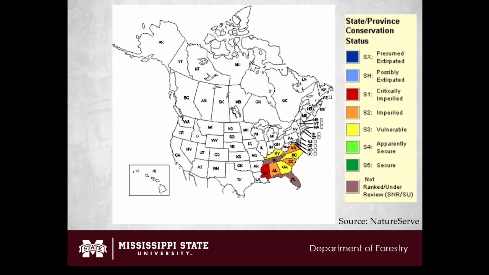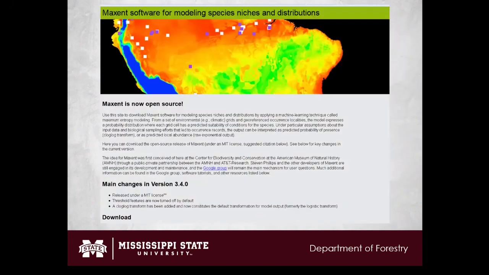So now to get to the fun techie stuff, to develop this habitat suitability model, I used a software known as MaxEnt. They don't have a good logo or anything, so this is just a cut of their homepage where you download the software. What MaxEnt needs is two types of data. It needs environmental data in the form of raster data sets.